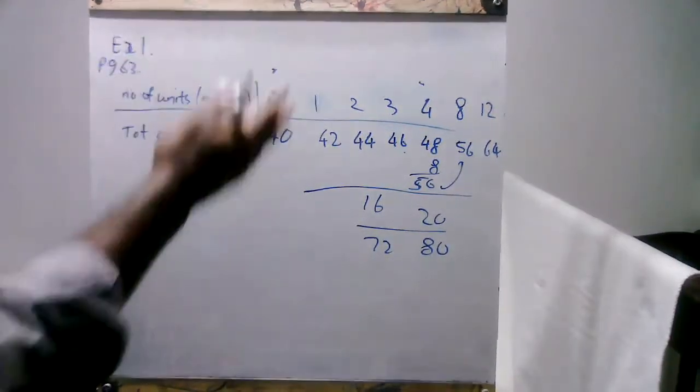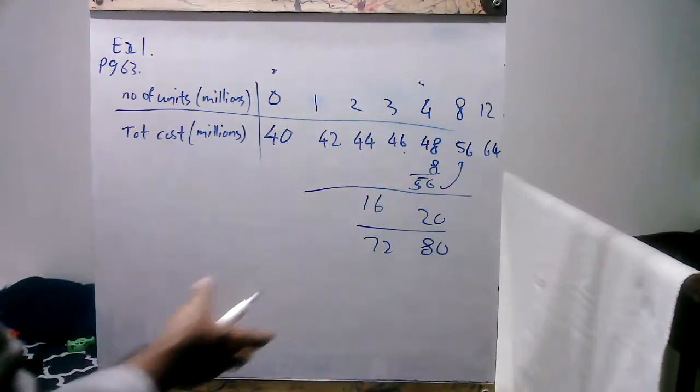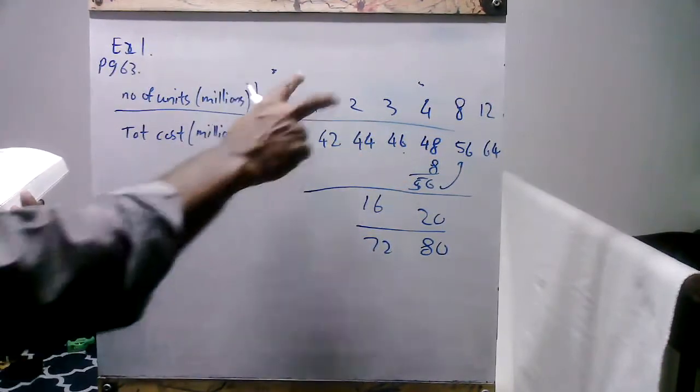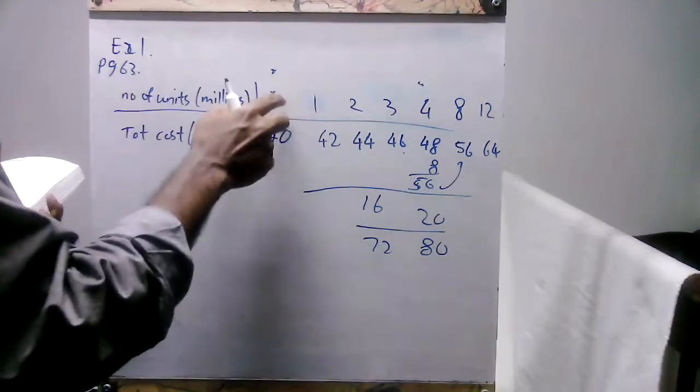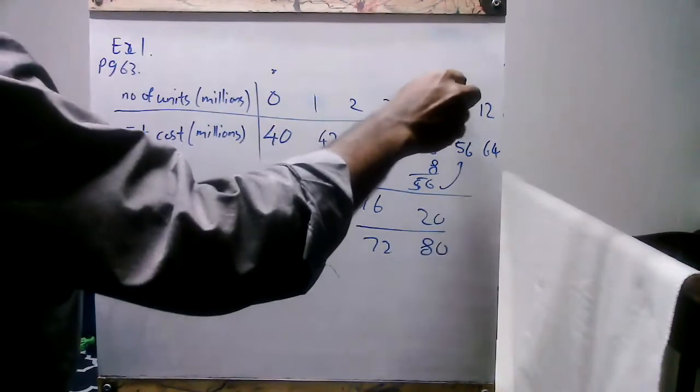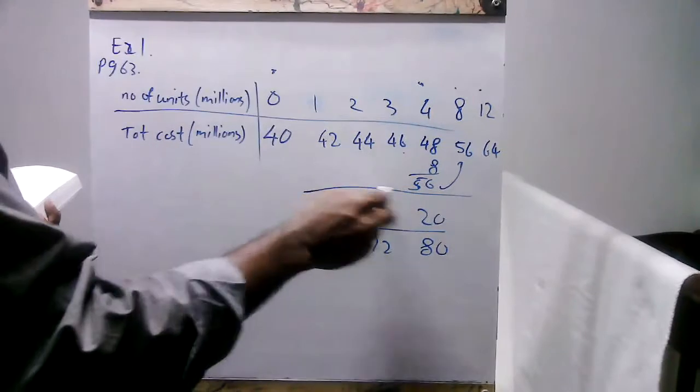You don't need that many numbers. In book, as I said, they do not show you this part. They show you this, and after that these points, 16 and 20.